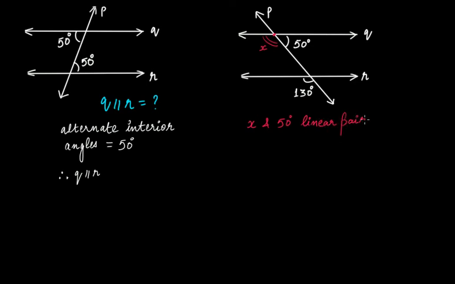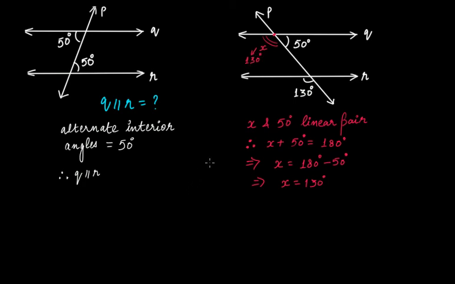Since X and 50 degrees are a linear pair, therefore X plus 50 degrees will be equal to 180 degrees, and therefore X will be equal to 180 degrees minus 50 degrees, and this will give you X is equal to 130 degrees.